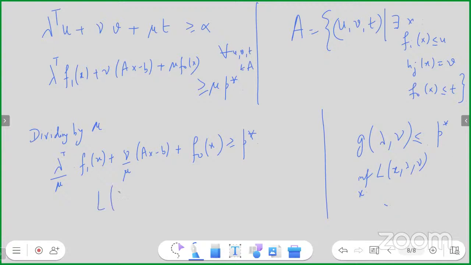Taking the increment, we get G of lambda by mu is also greater than or equal to B star, if you move over X. So what can we conclude? Then G of lambda by mu is also greater than or equal to B star.